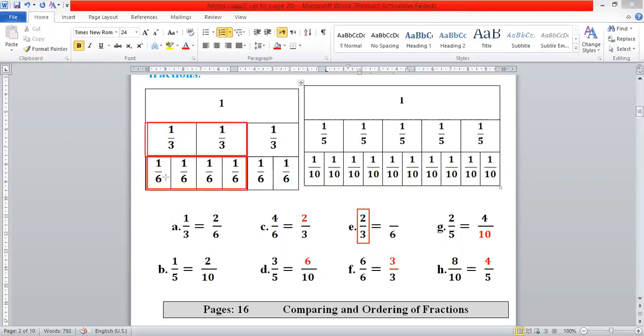So we add them, 1 over 6 plus 1 over 6 plus 1 over 6 plus 1 over 6, that is equal to 4 over 6. Therefore here we write 4. 1 over 3 plus 1 over 3, that is 2 over 3. 2 over 3 equal to 4 over 6. Here we write 4 over 6.